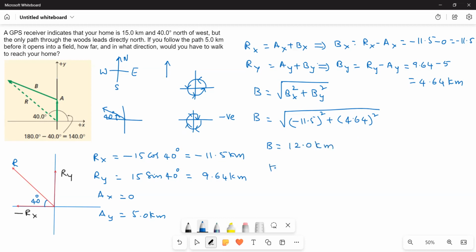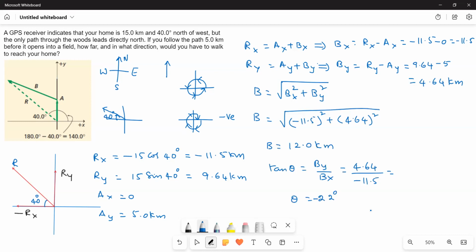And then tan theta is equal to By by Bx, which is 4.64 divided by negative 11.5. So theta is equal to negative 22 degrees.